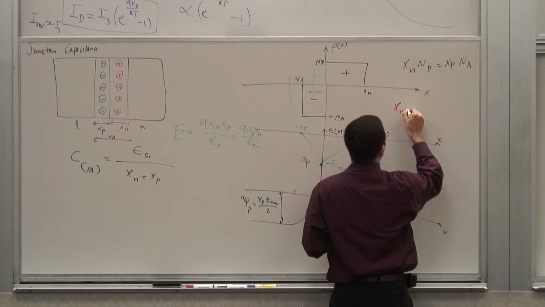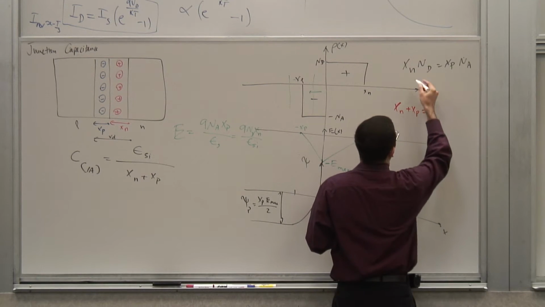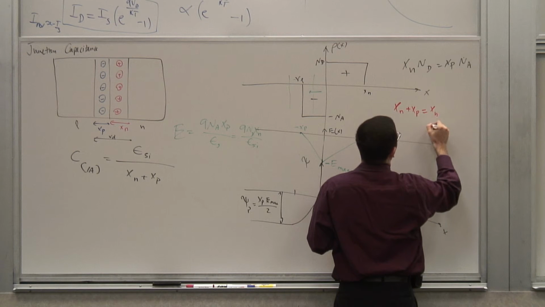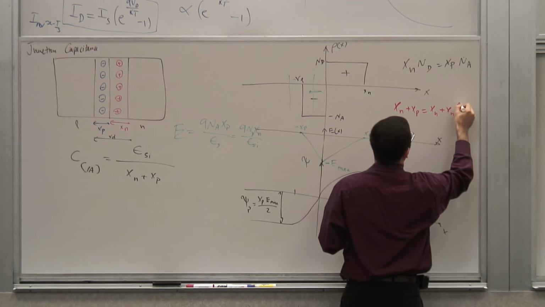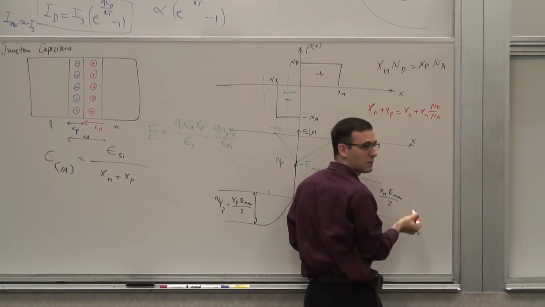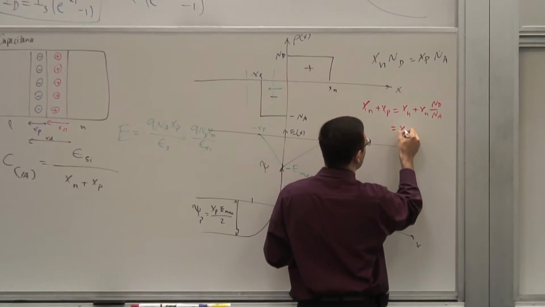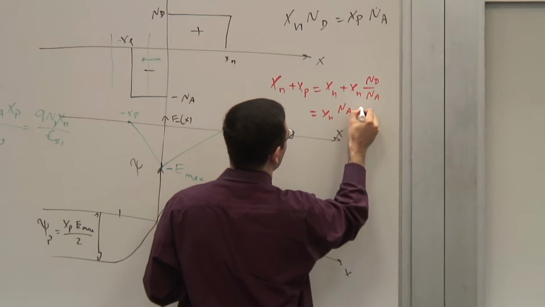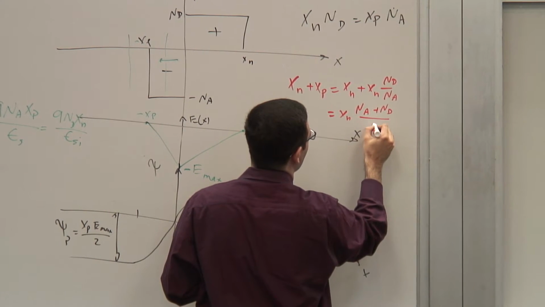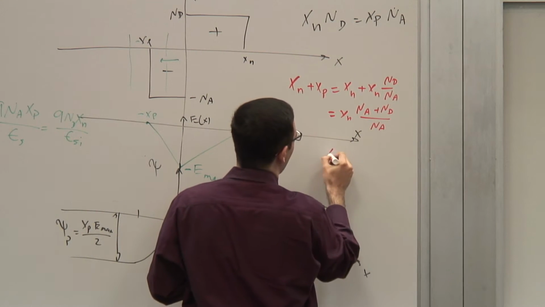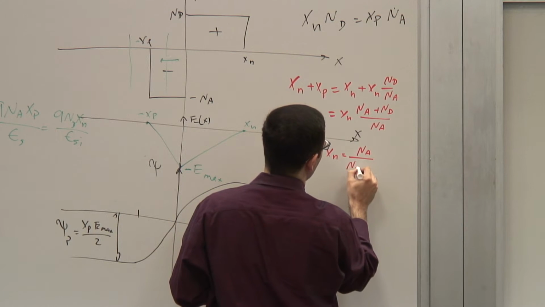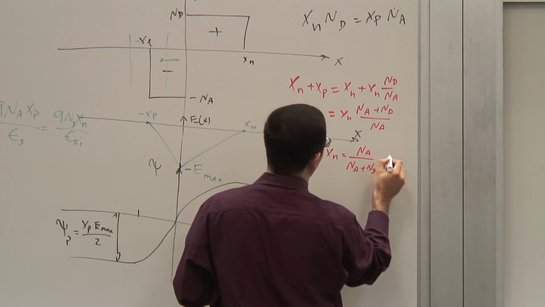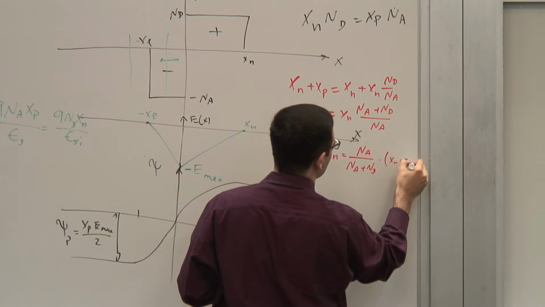So if I use xn plus xp, and I write it as xn plus xn times Nd over itself, it is going to be Na divided by Na plus Nd times xn plus xp.